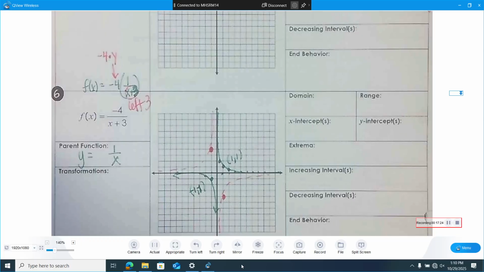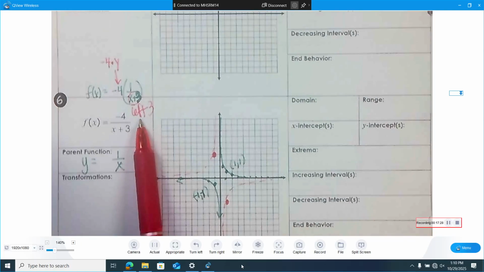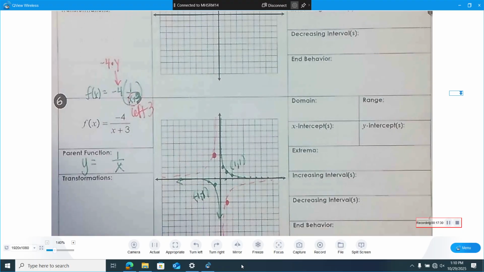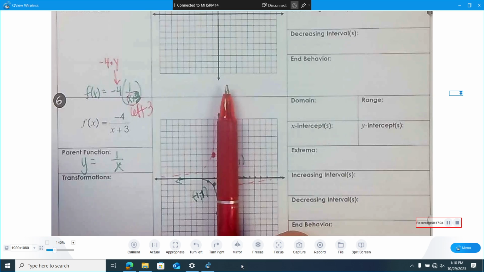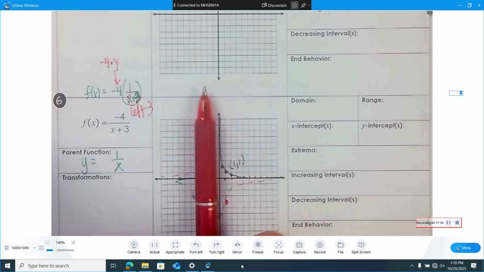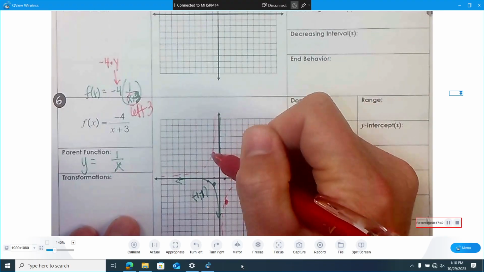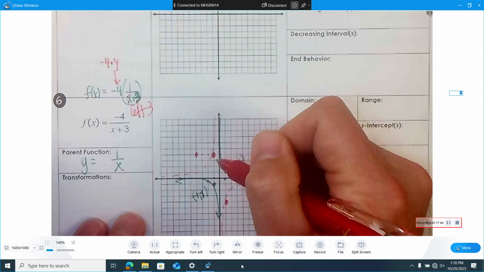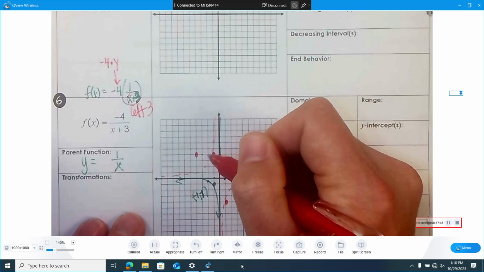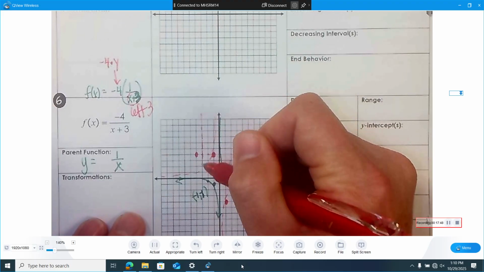Now we need to shift it left 3. So I'm going to take my 2 points that I've got here. And also you should think about this asymptote that's right here, this vertical line in the middle. It's also moving left 3. So I'm going to go 1, 2, 3 to the left. This asymptote moves 1, 2, 3. So we get this vertical line that we're never going to touch.